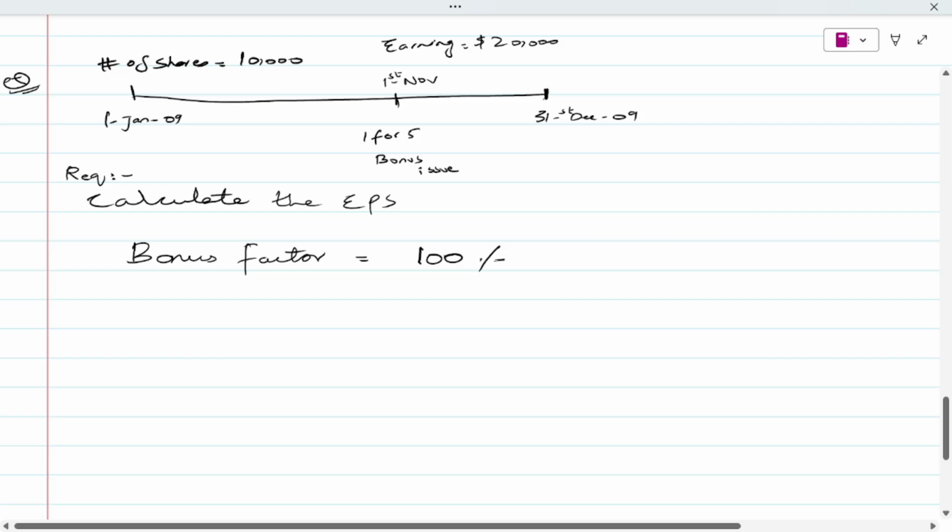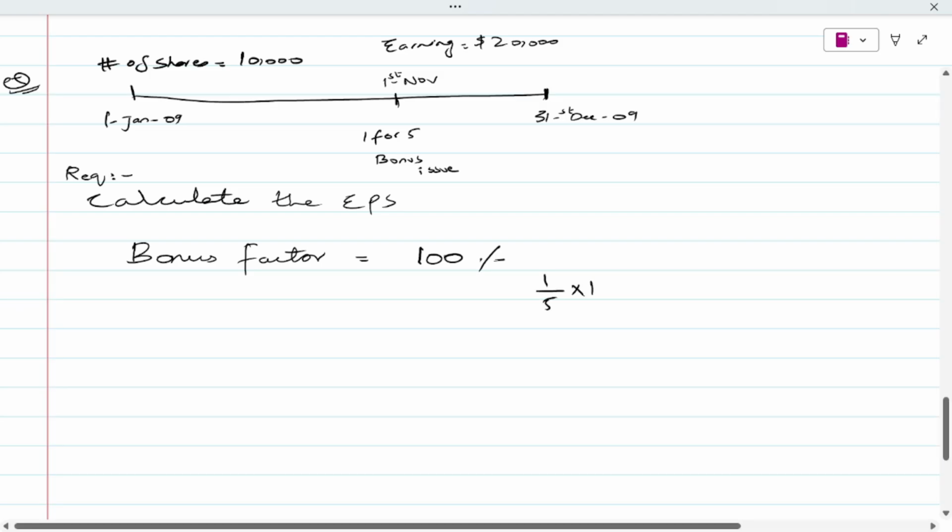Okay. So now 1 for 5 bonus issue. On 1st November, we made a 1 for 5 bonus issue. So 1 for 5 means that for every 5 shares that you had in the company, you got 1 share as a bonus issue. Okay. So every 5 shares that you held in the company, you get 1 more share. That is what they mean by 1 for 5. Now let's see what 1 for 5 means in terms of percentage, right?